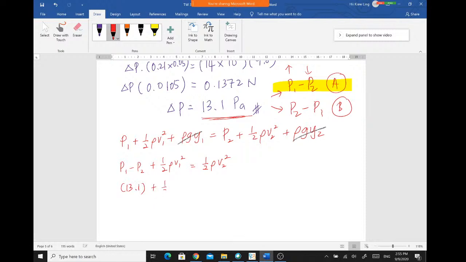13.1 plus half, density of the air, 1.225, V1 is around 0.05 squared, equals to half, V2 is the unknown.